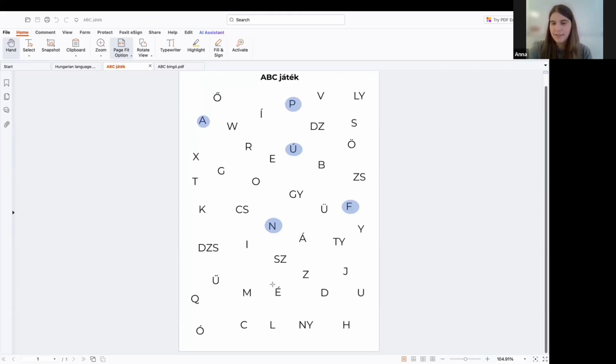So this is the E with the accent A. Okay. T. Okay, that's the T. O. Hopefully you felt that it's a longer vowel, so it's this long O.